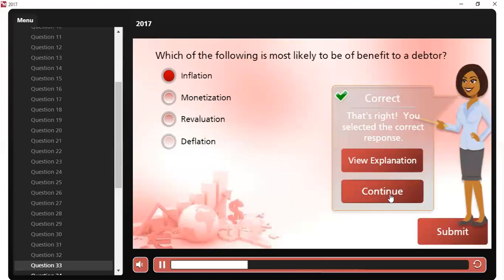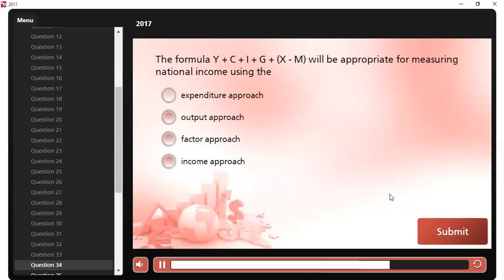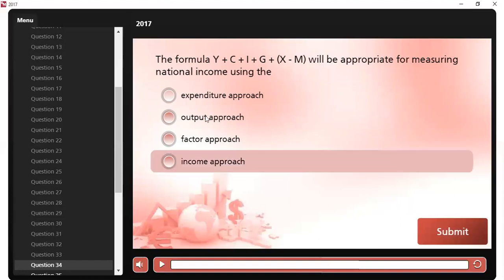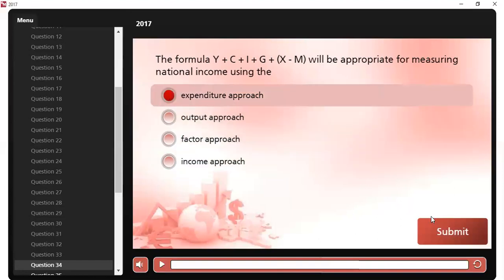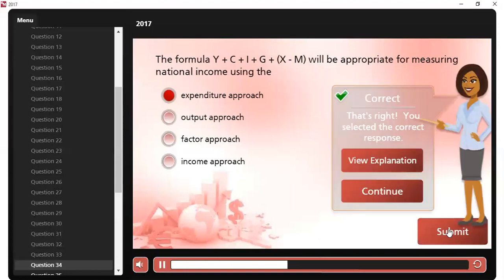Yes, that's right. Question 34. The formula C plus I plus G plus bracket X minus M close bracket will be appropriate for measuring national income using the, it has to be expenditure approach. I said this because all the items in the formula are expenses.